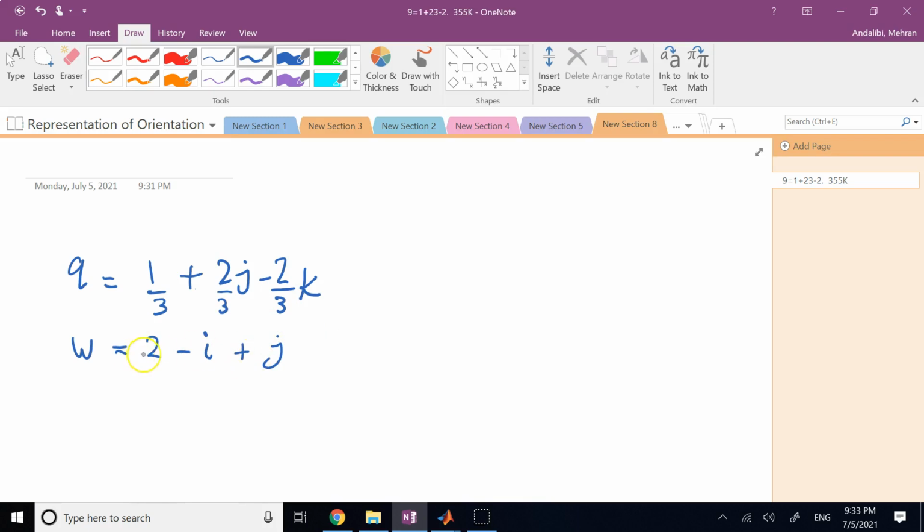Okay, now the magnitude here is 4, 5, 6. So that's again not a good number. Unless I make this negative 2, then the magnitude is 9. So if now I divide by 3, I am going to get a unit quaternion, correct? So clearly here I have two unit quaternions.